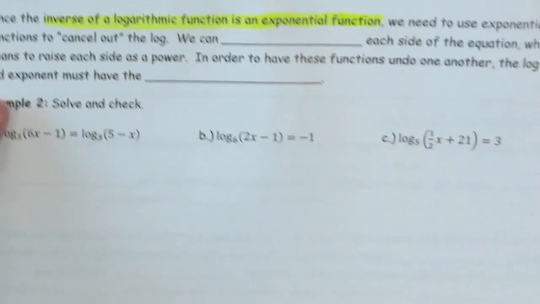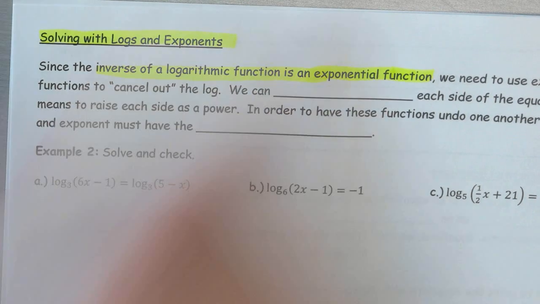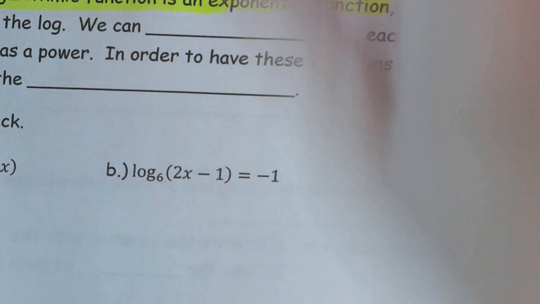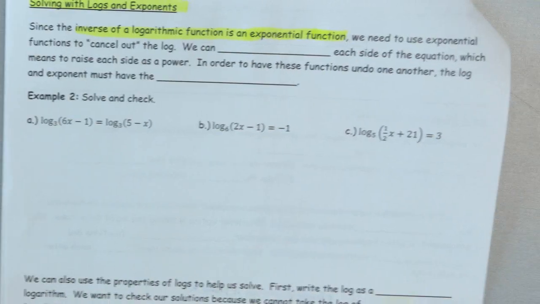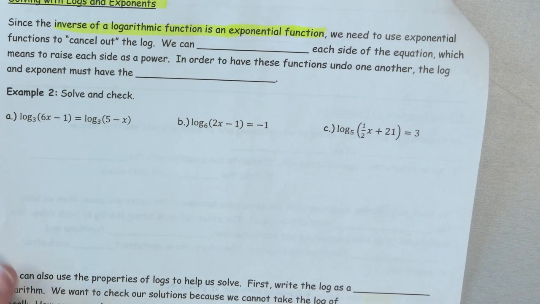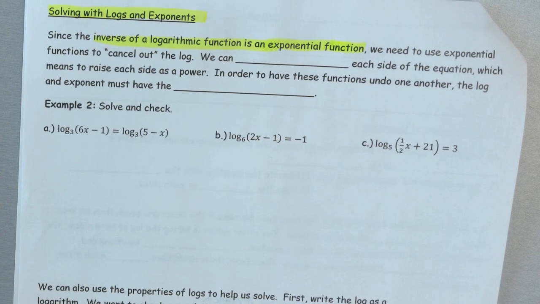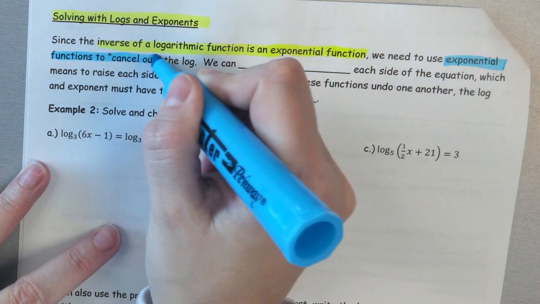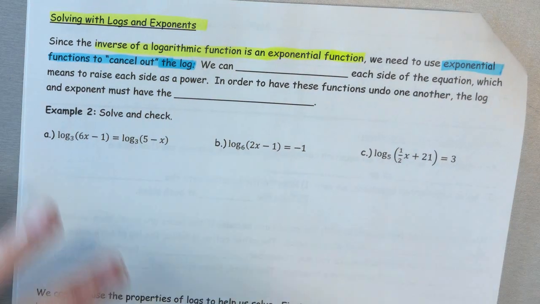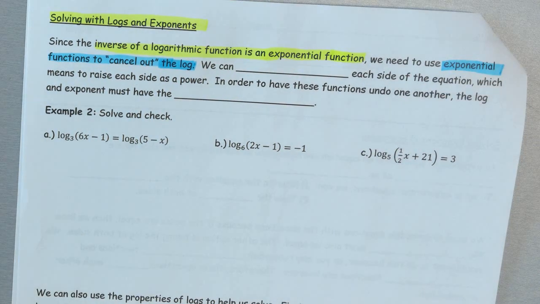That's something that we've talked a lot about over the past couple days, and last week too. So what we have to do is use exponential functions to cancel out the log. Before, we were using logs to cancel out exponential functions. Now, we're doing the reverse of that.